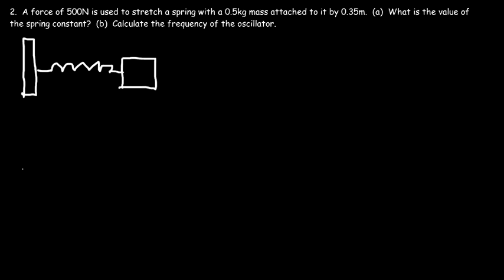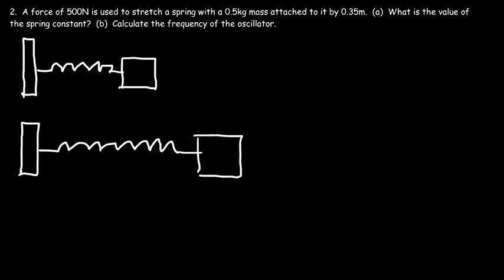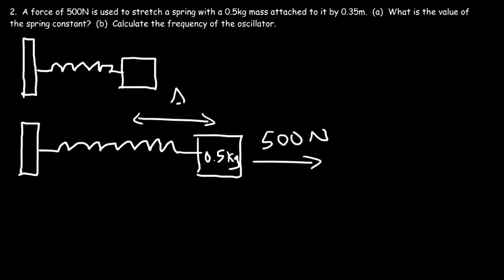Now we're going to stretch the spring using a force. And so this is a 0.5 kilogram mass. And at this point, we're applying a force of 500 newtons to stretch it by 0.35 meters. So how can we calculate the spring constant?